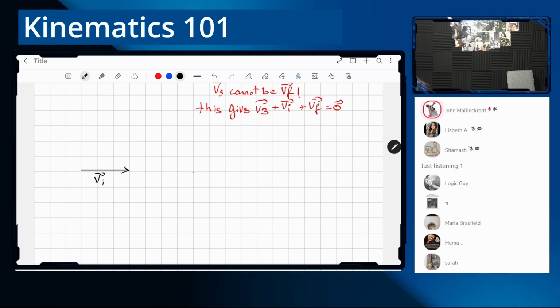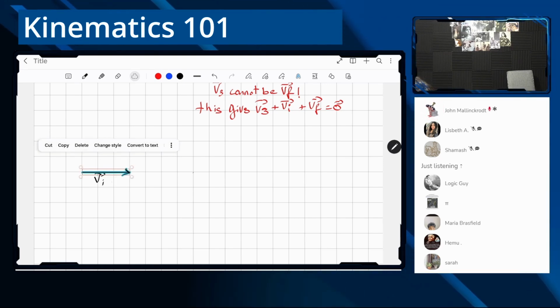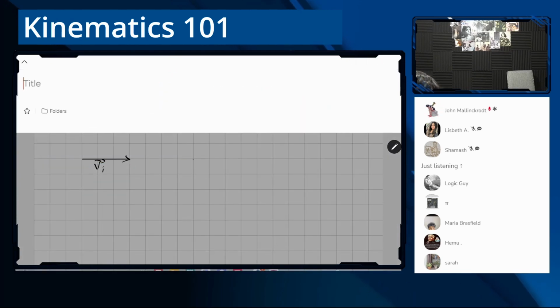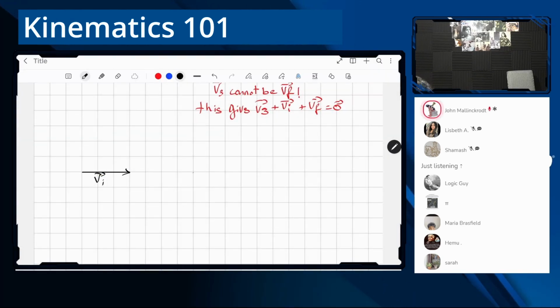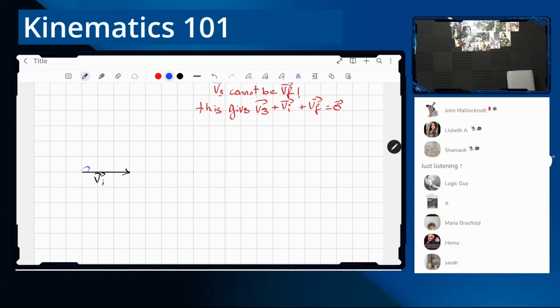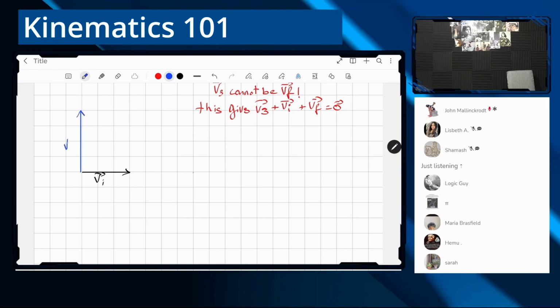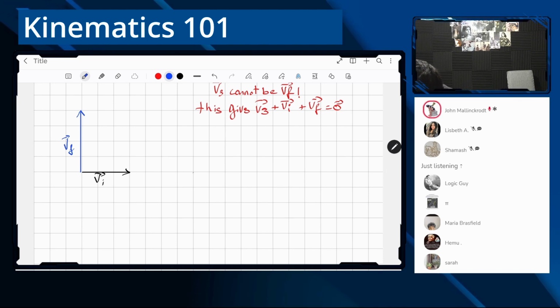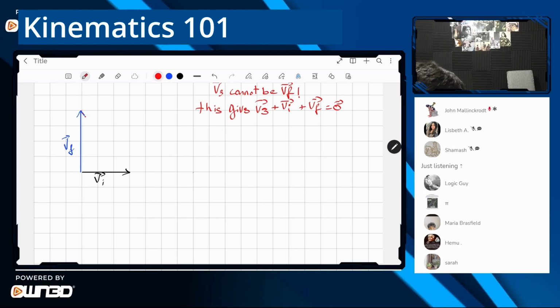Okay, and then from the tip of v initial, let's see what we want to get. We want my final vector, v final, or v2 if you want, to be what I get when I go from the tail of v initial up, right? If I draw v final with the same tail, there you go. Now the question is, what vector do I have to add to v initial to get that vector?